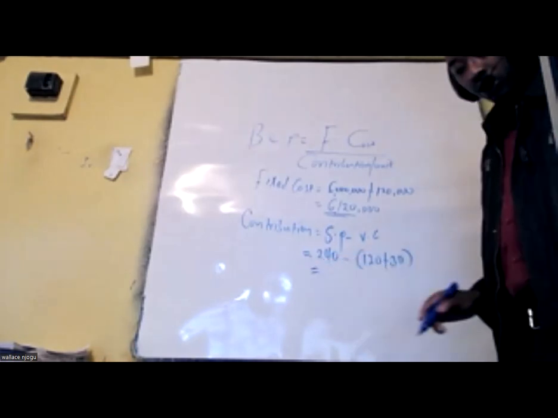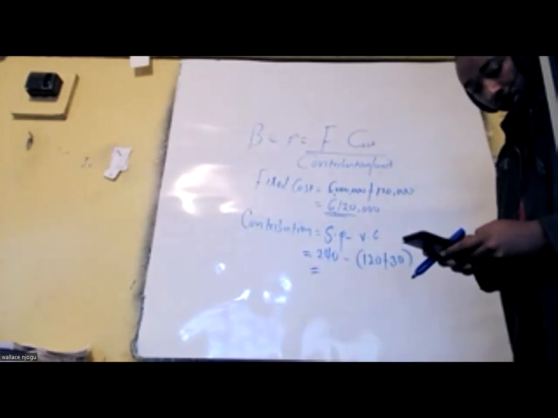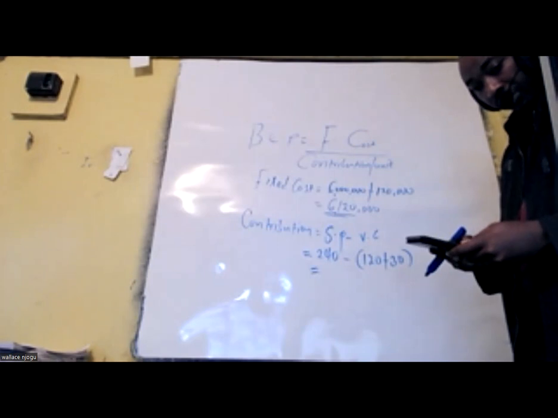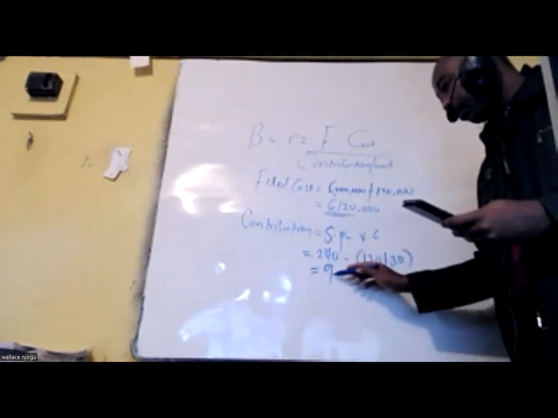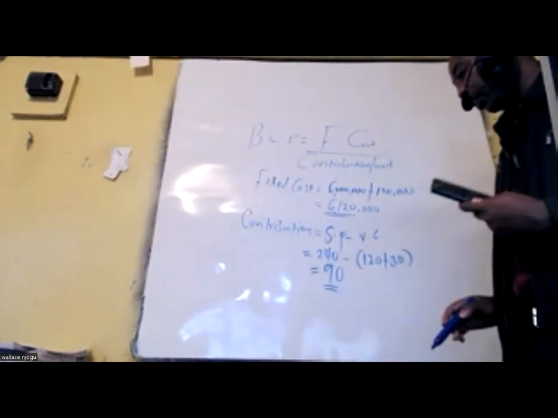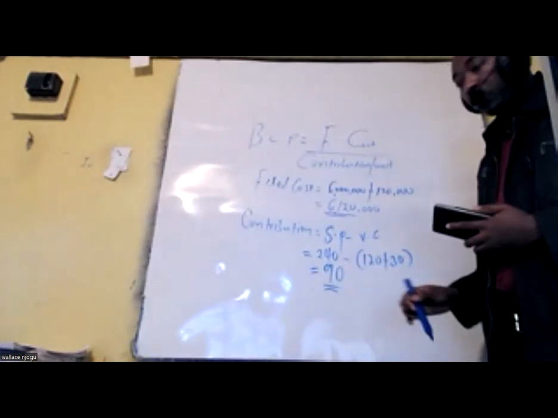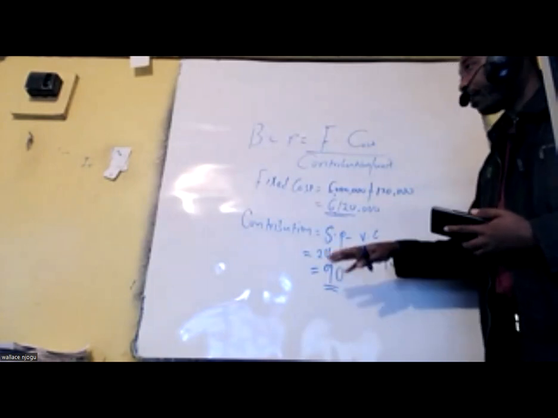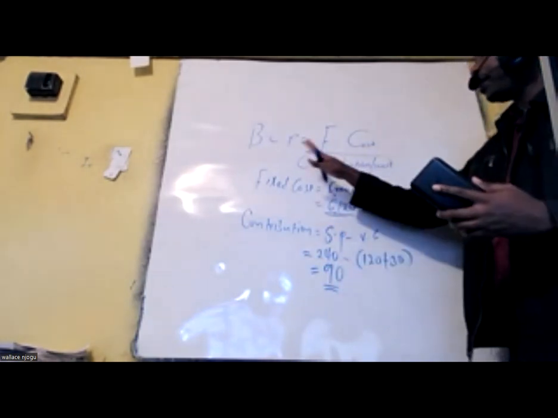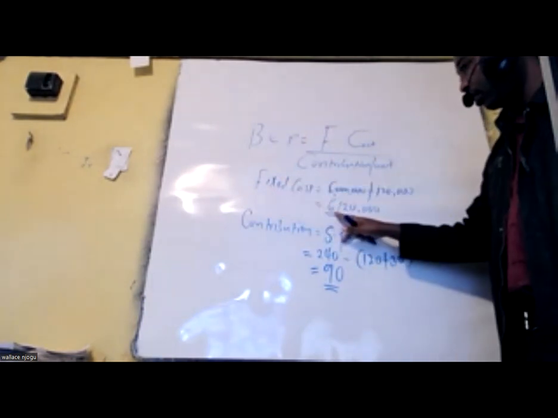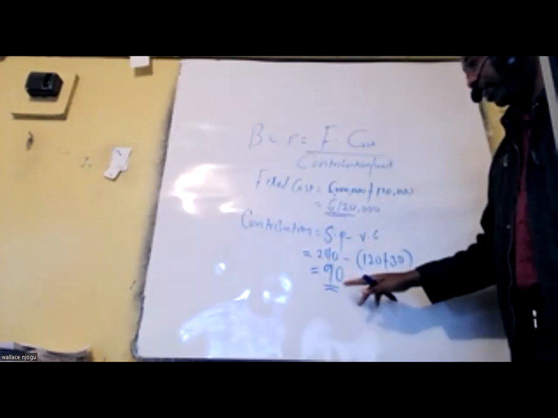In total, hii utapata ngapi? So take 240, we minus into brackets 120 plus 30, we close the bracket. That gives you 90 shillings. So this is the contribution per unit. Tukishapata contribution per unit, we are now good to compute the break-even point, because we have our fixed cost and we have our contribution ya 90.